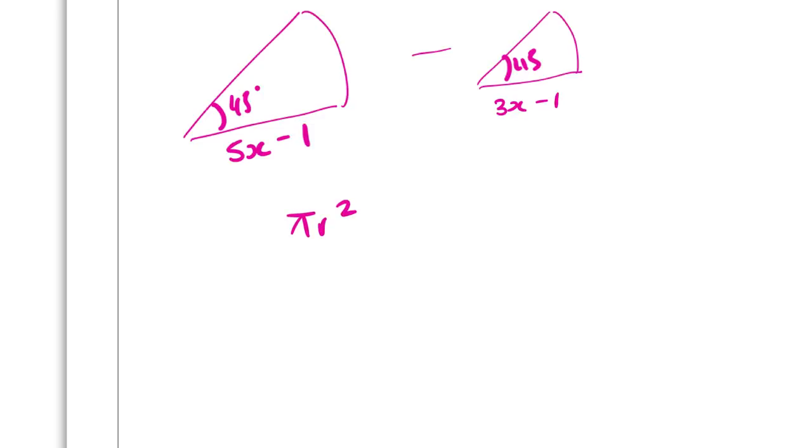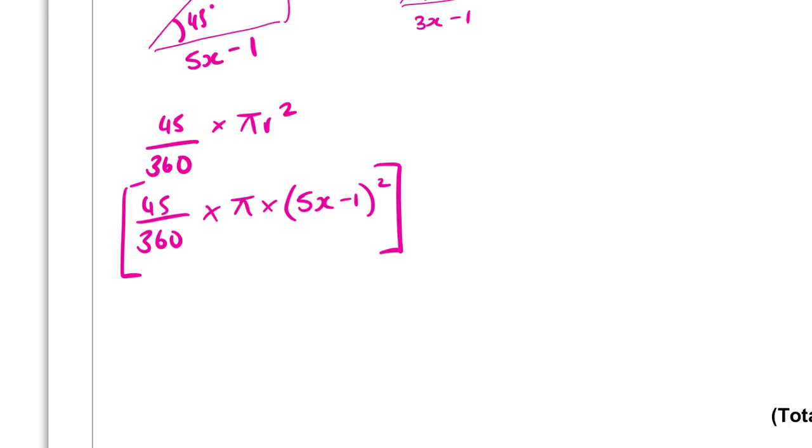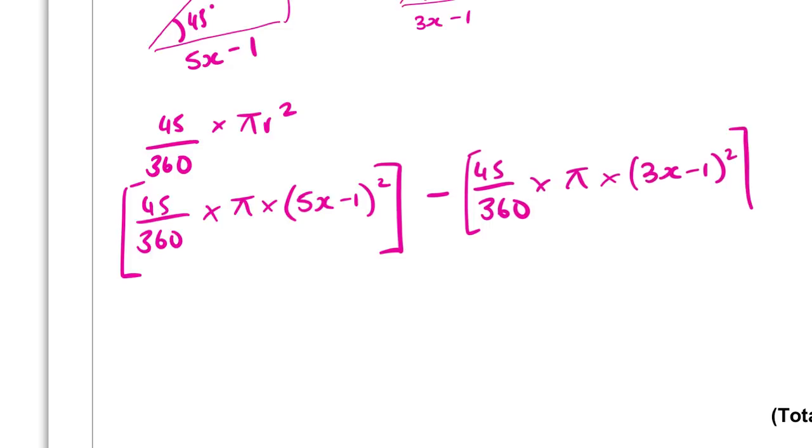Times the proportion of the pizza, which we know is 45 degrees over 360. However, what is our radius here? 45 over 360 times pi times 5x minus 1 all squared. Once I work that out, I'm going to minus 45 over 360 multiplied by pi multiplied by 3x minus 1 all squared.